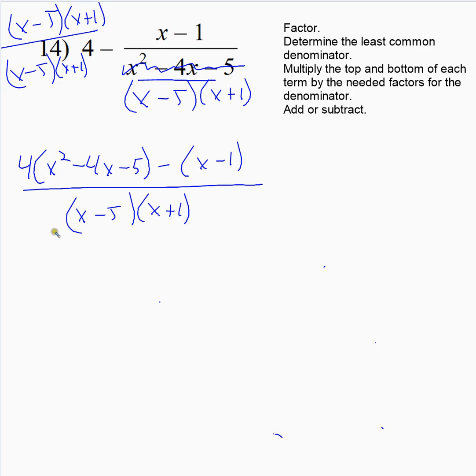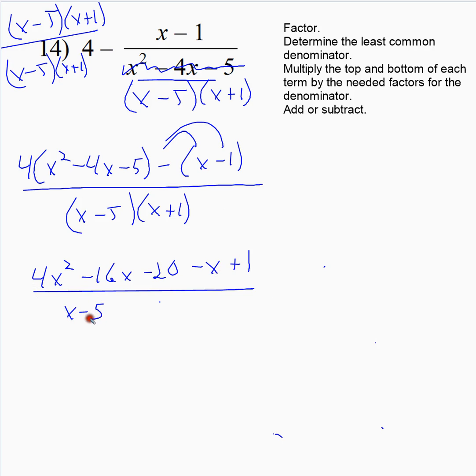We'll distribute our 4 up on the numerator, so we have a 4x squared minus 16x minus 20. This negative gets distributed, so negative x, and then a plus 1 over the common denominator of x minus 5, x plus 1.